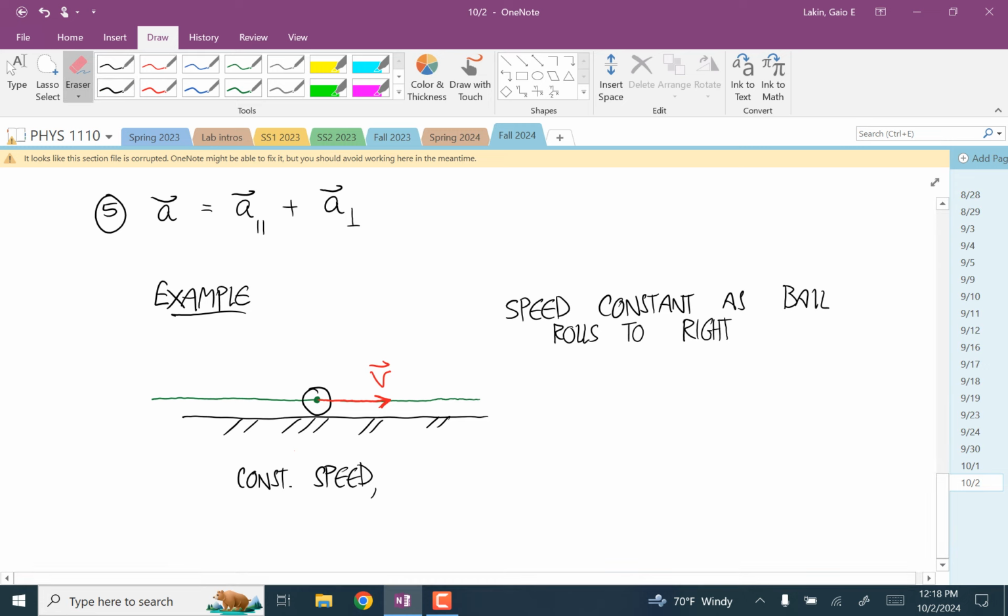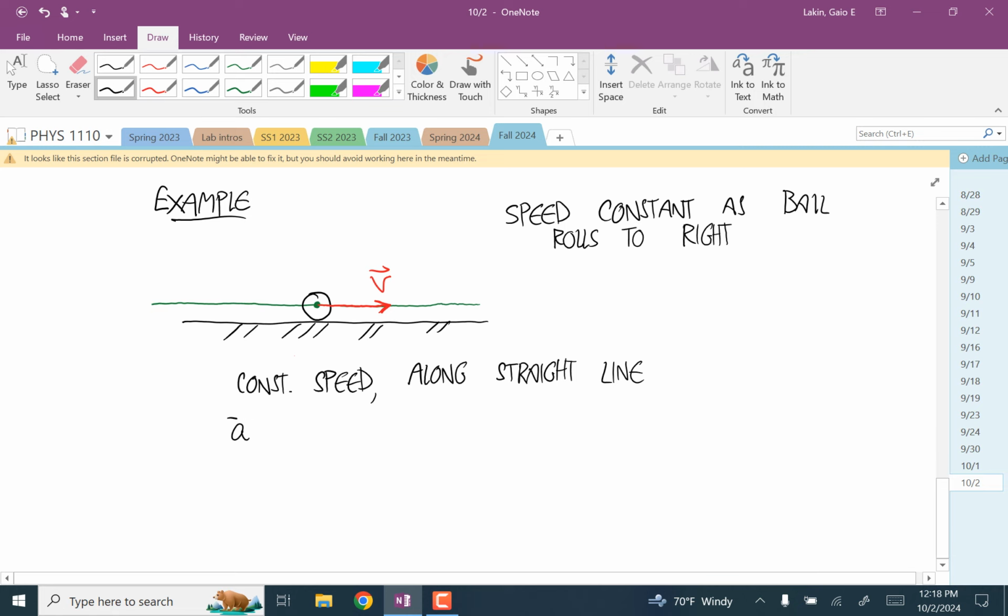Let me write it as along a straight line. And so the acceleration is 0, which is another way of saying, in other words, the velocity is constant.